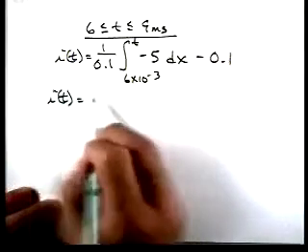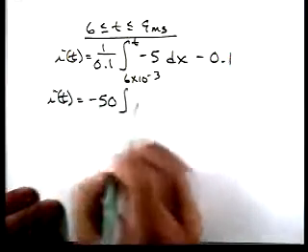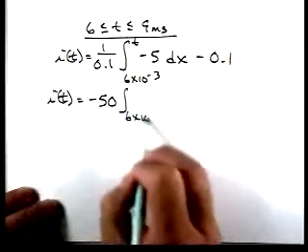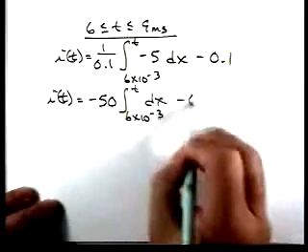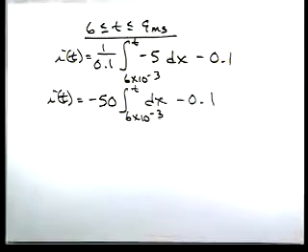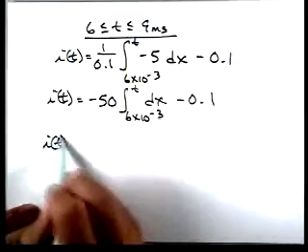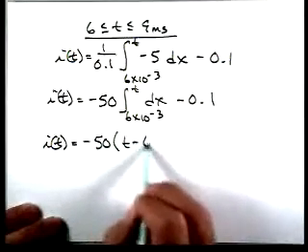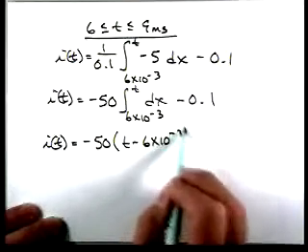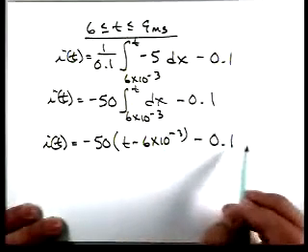So we have -50 times the integral from 6 times 10 to the -3 to t of dx, minus 0.1. And now we get -50 times (t minus 6 times 10 to the -3) minus 0.1.